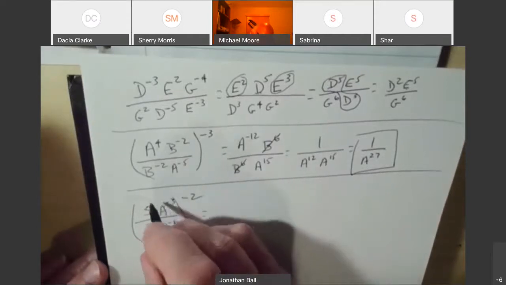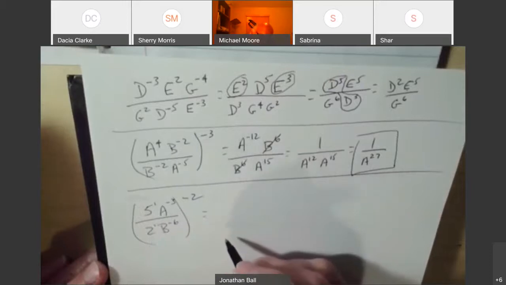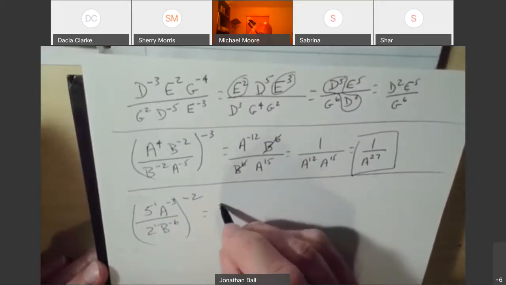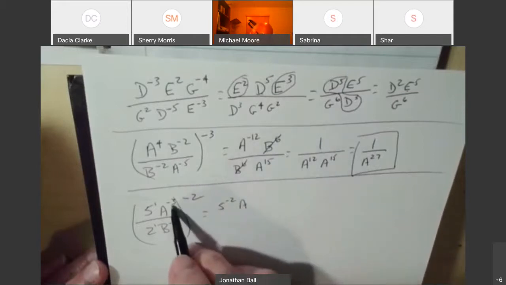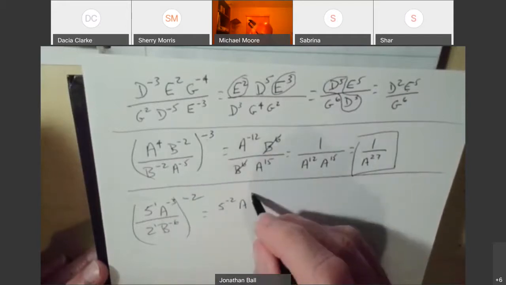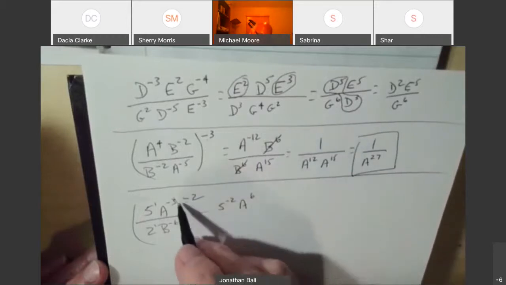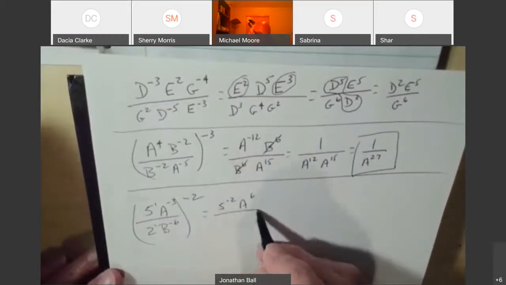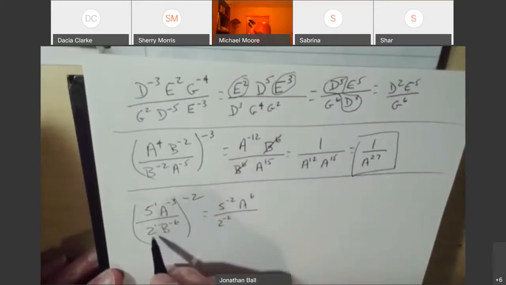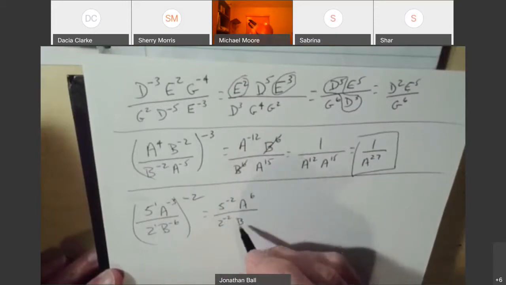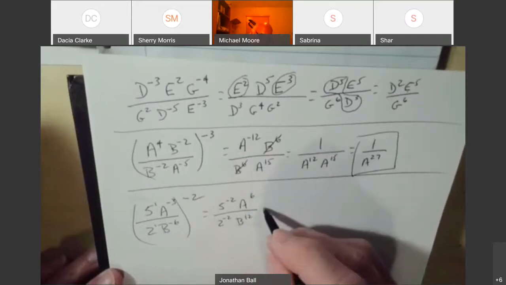Remember, the exponents on the numbers are 1. We just don't write them. So this is going to be equal to 5 to the minus 2. A to the negative 3 times negative 2 is a positive 6. Can y'all read this? Just trying to write so fast. It'll be 2 to the negative 2, okay? And b to the 12th.